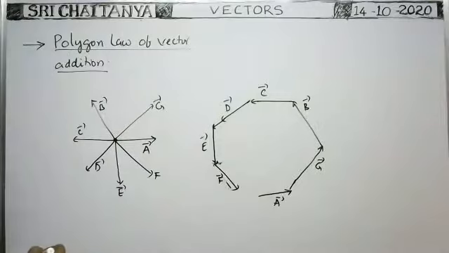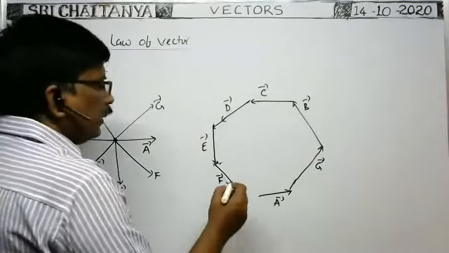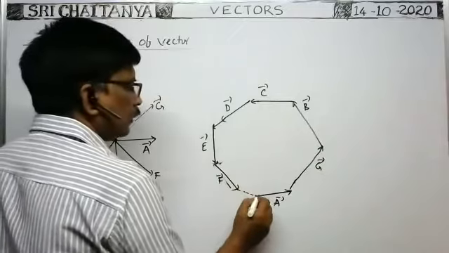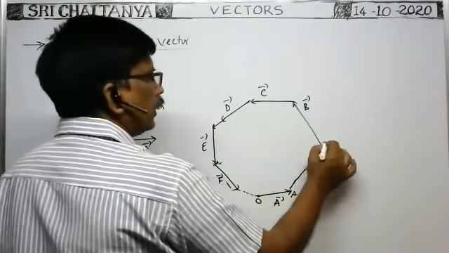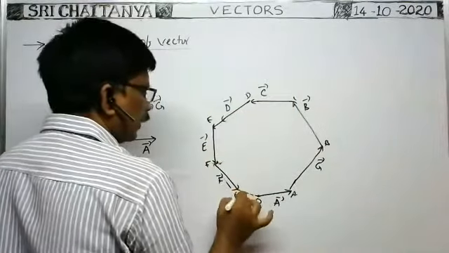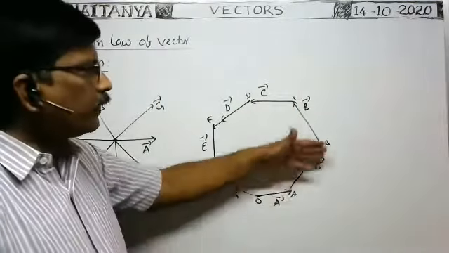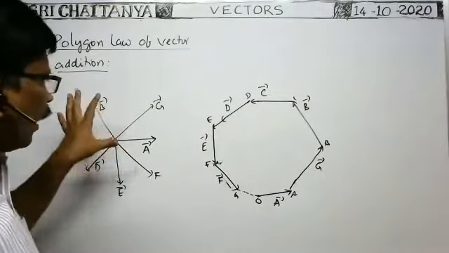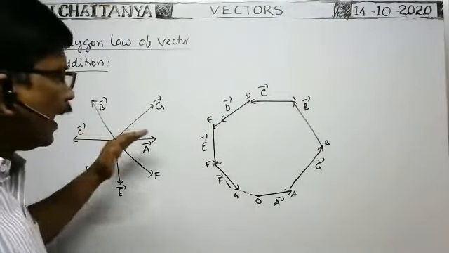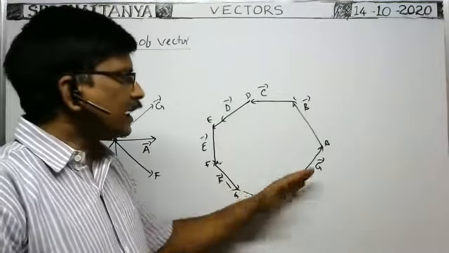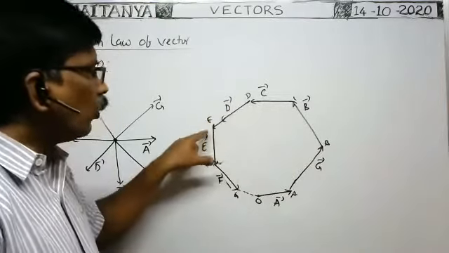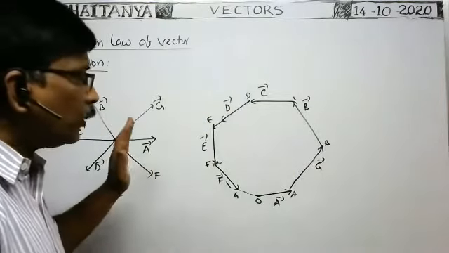Now, this is the polygon with number of sides: A, B, C, D, E, F, G. All the vectors acting on a particle simultaneously are represented as the adjacent sides of a polygon taken in order, both in magnitude and direction.